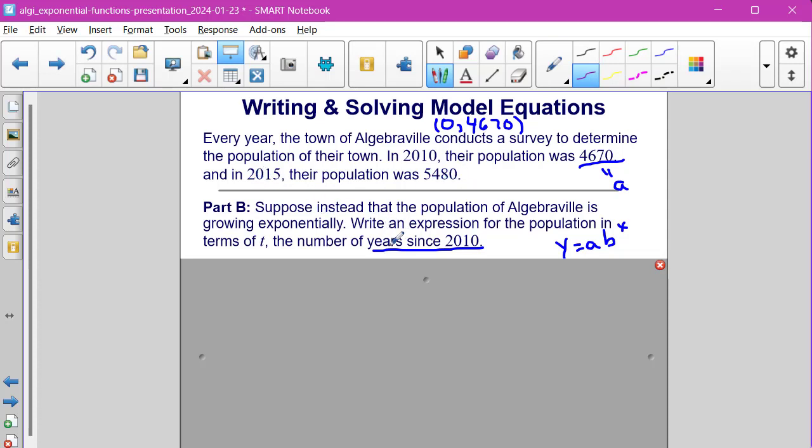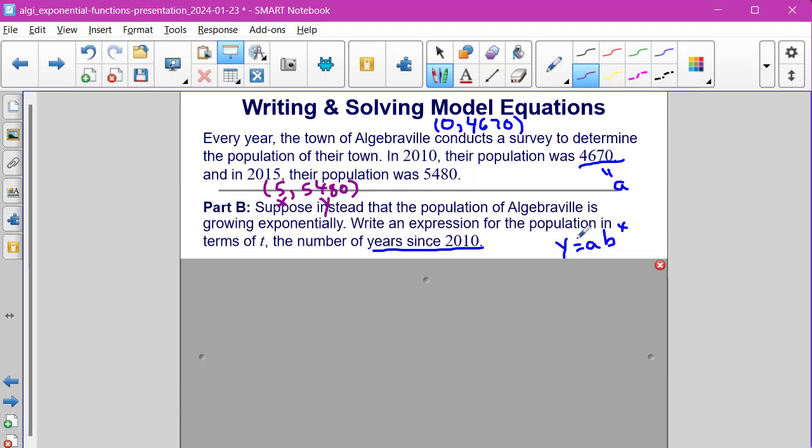If t, or time, is the years since 2010, the ordered pair for this point will end up being (5, 5,480). This 5 represents our x value, and the 5,480 represents our y value.